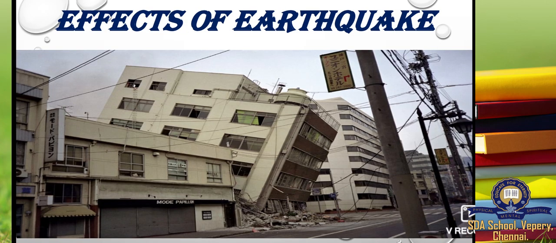Next we will see the effects of earthquake. Yes, after the earthquake, what are all the effects, what are all the damages caused during the earthquake. Earthquakes may cause changes in the earth's surface. Vibrations often set off landslides in mountainous regions. A greater danger in an earthquake is the falling of buildings.